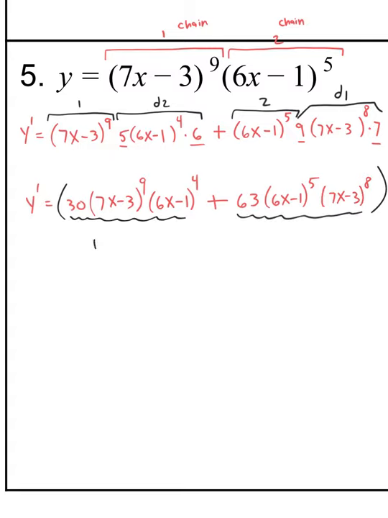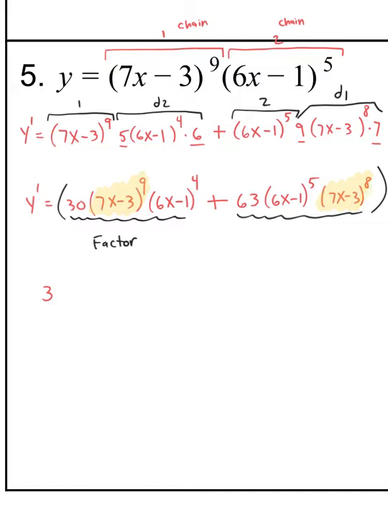Okay, so now we're going to factor what's common to each of those big, long terms. Well, 30 and 63, I can pull out a 3 out front. All right, 7x minus 3's. I'm going to highlight them, you guys. There are 9 of them on this side. There are 8 of them on this side.